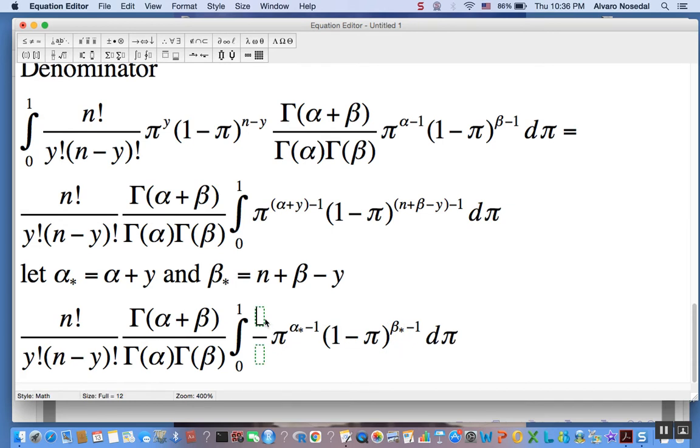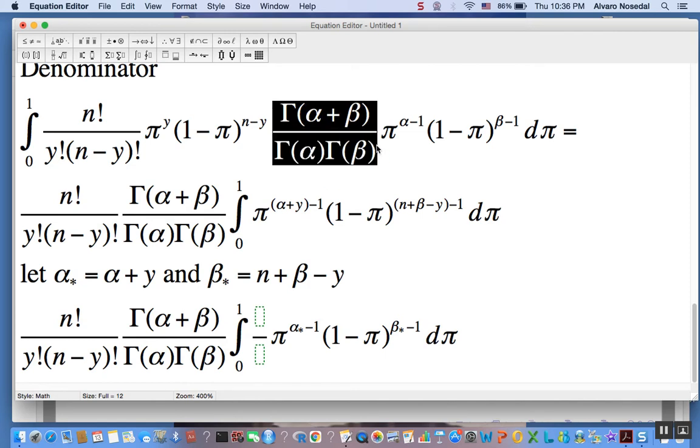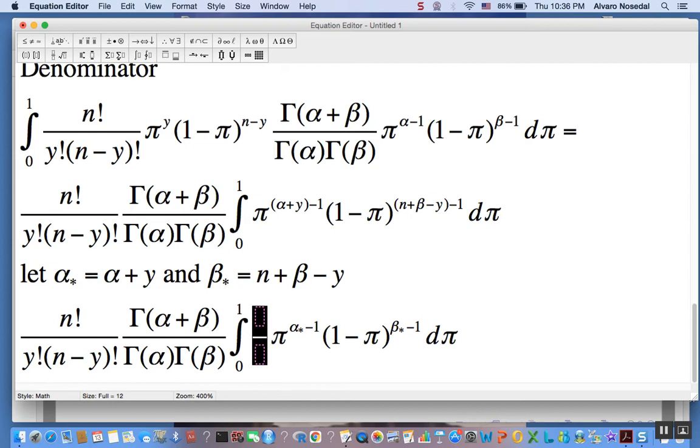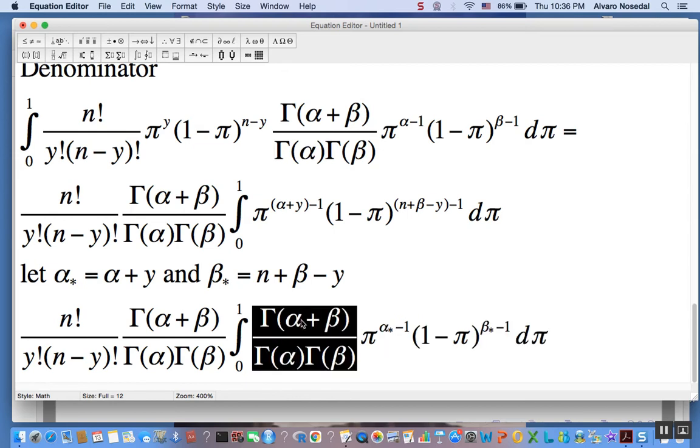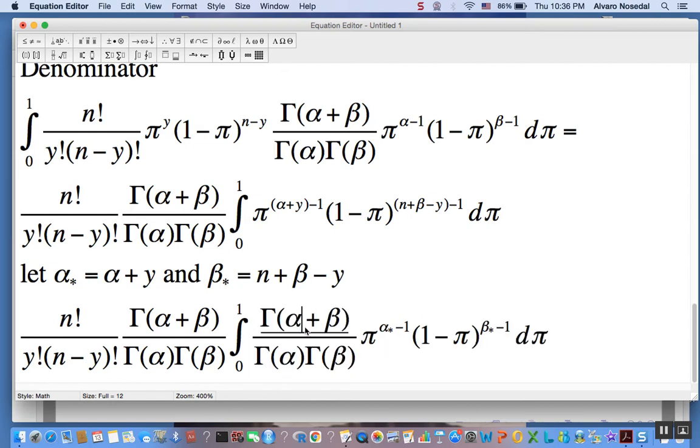So what we need here is gamma. Let me copy this entirely, and then I'm just going to modify that. Okay, so instead of alpha, we need alpha star, right? Instead of beta, beta star.